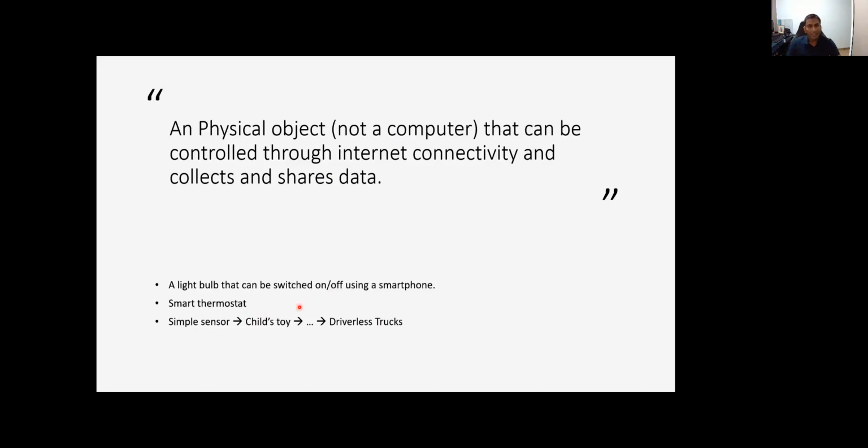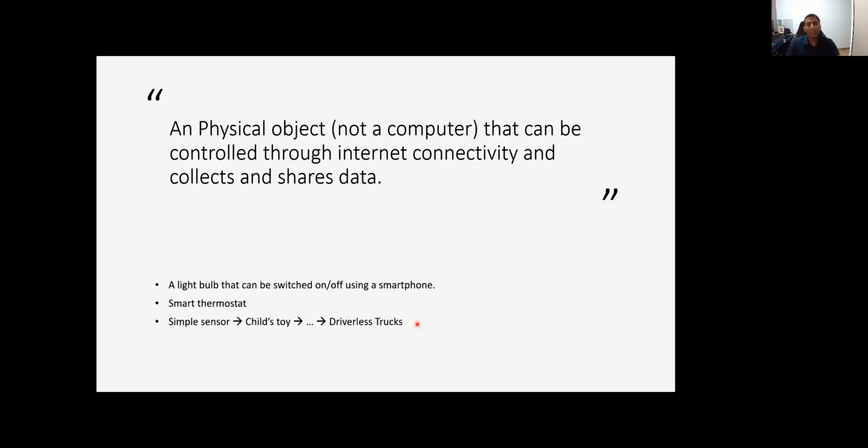One of the characteristics again is that IoT devices can range from a simple sensor, which is just sensing temperature, to children's toys, or to something really big, such as a driverless truck. Now, this doesn't mean that a driverless truck is just one IoT device. It can be considered an IoT device, but it is also composed of other IoT devices.